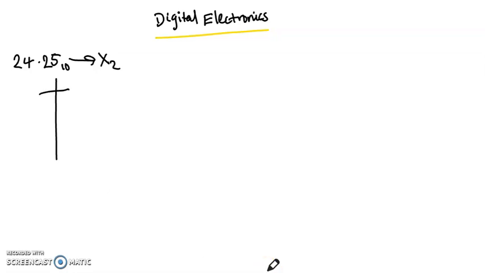So simply, let's take 24. Pay attention here: we have 24 and then we have 25, that is 24.25.